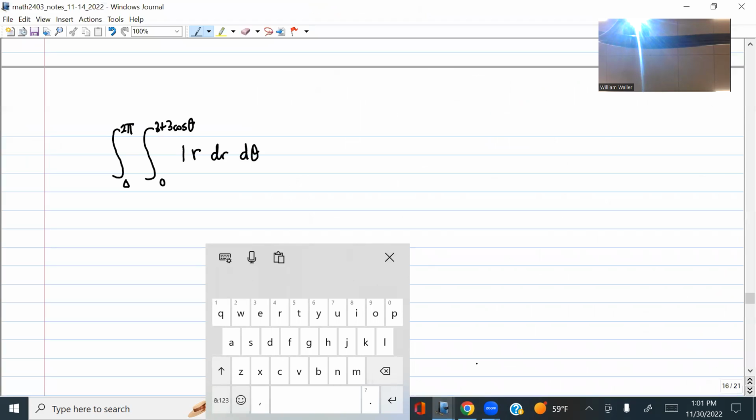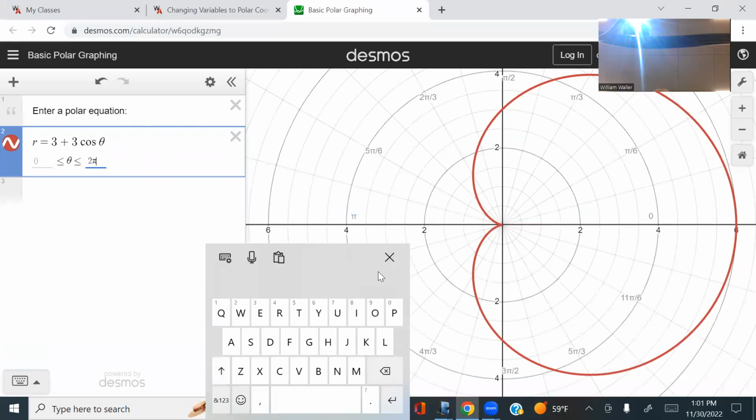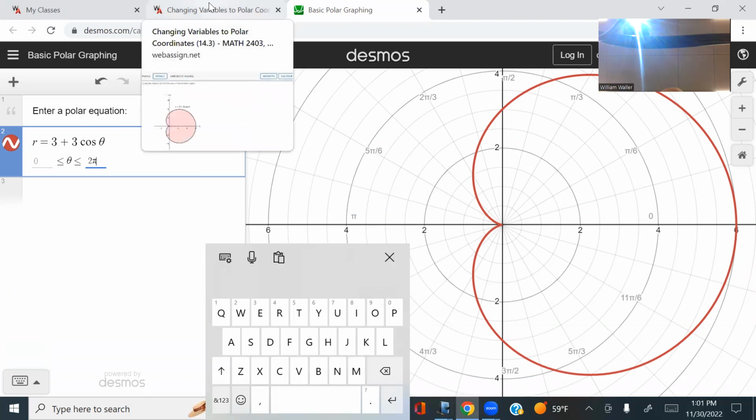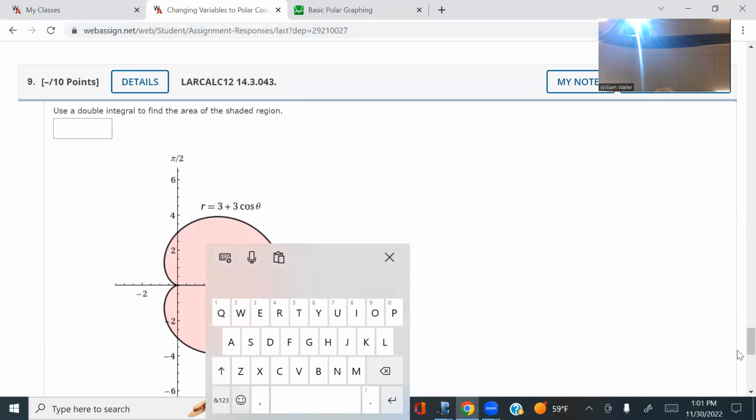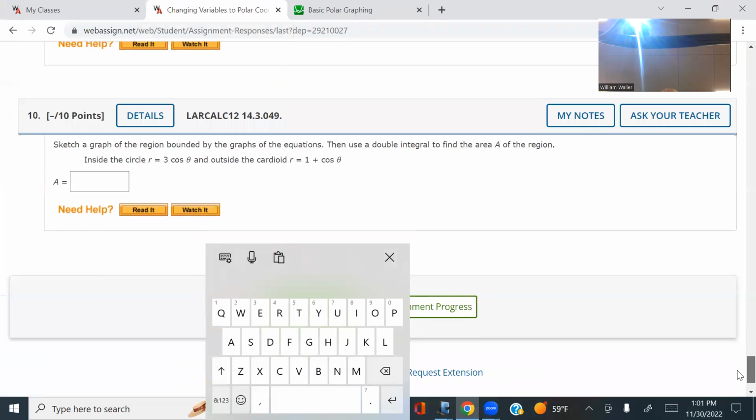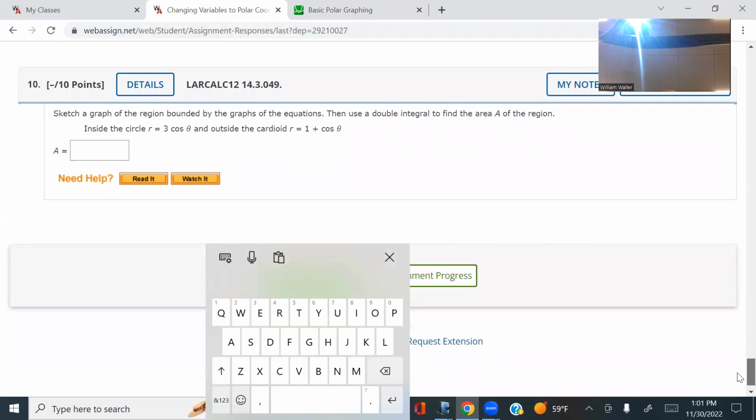The rest of that is just evaluating that double integral, and I don't think that one's too bad. Let's try the next problem and see if we can at least set it up.